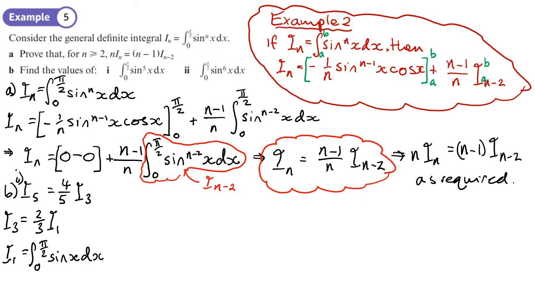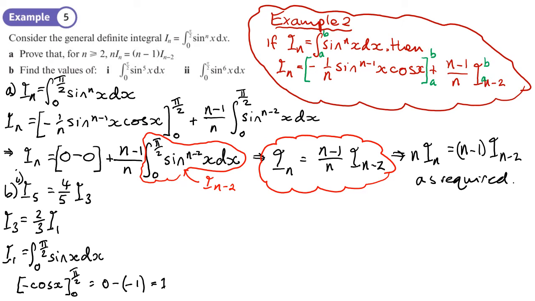If we integrate sine, we get negative cos between the limits of 0 and pi over 2. Cos of pi over 2 is 0, and then we subtract the cos of 0, which is 1, so minus negative 1, so we get a value of 1. So that's the value of I1.